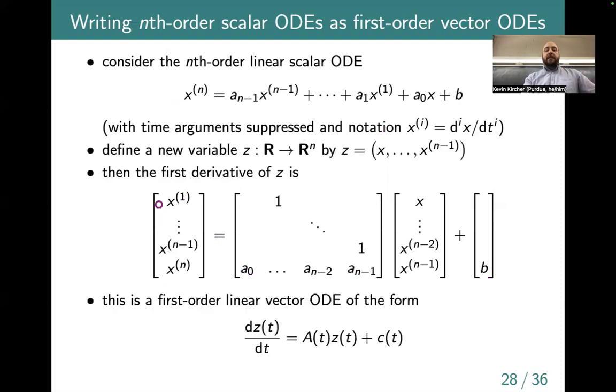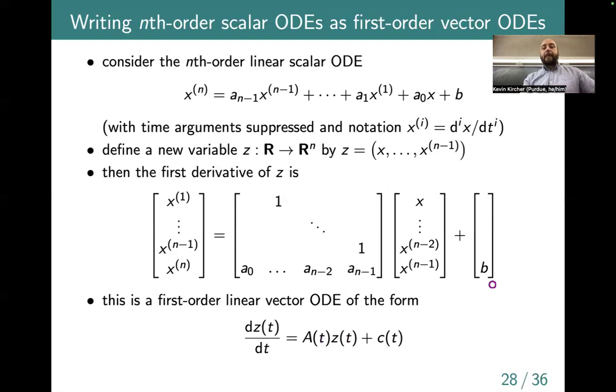So then we can again pack all this complexity away in our simplified matrix vector notation, and we get that the derivative of z, this new vector that we've defined that has all the derivatives of x in it, is just a function matrix A times z plus some new offset vector c, which is just a vector of a bunch of zeros with b at the bottom.